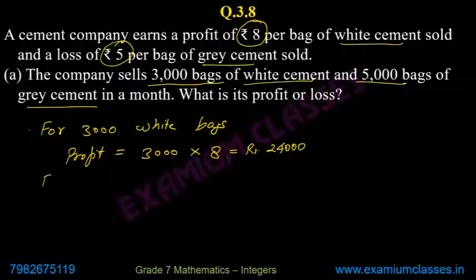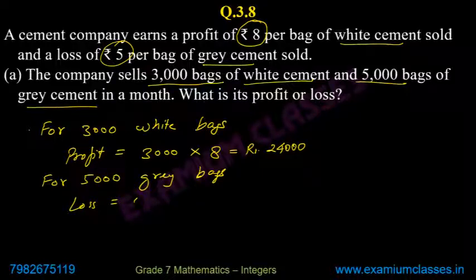Okay. For 5,000 gray bags, loss equals number of bags multiplied by loss per bag, 5 rupees, 25,000.